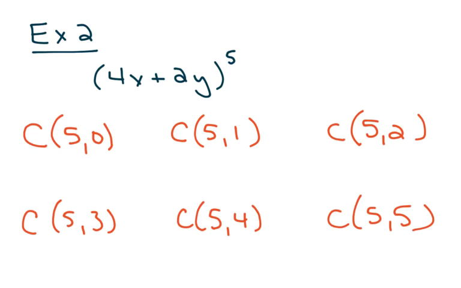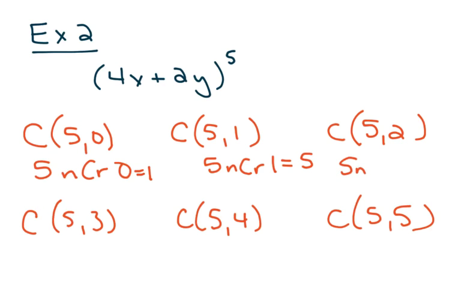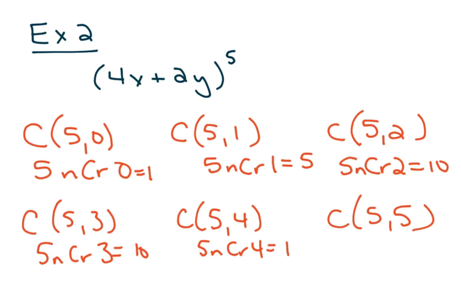Remember I said earlier that whatever the exponent is, you'll have one more term than that. So if you put this in the calculator, you would put in 5 nCr 0, which will give you 1. And then you would put in 5 nCr 1, which will give you 5. Then 5 nCr 2 is 10. 5 nCr 3 is also 10. 5 nCr 4 is 5.